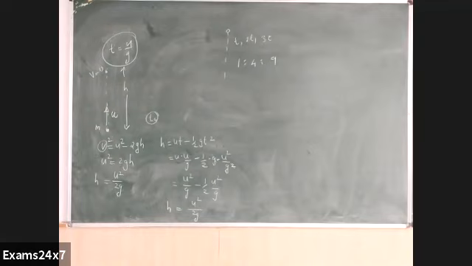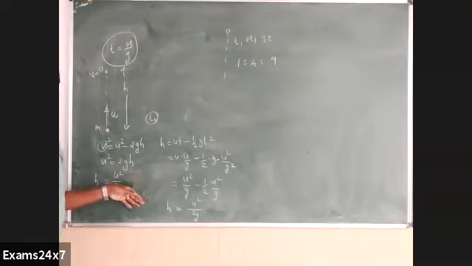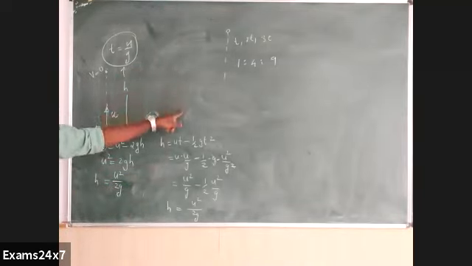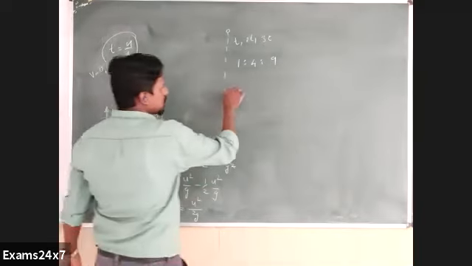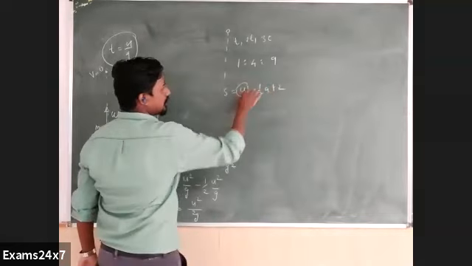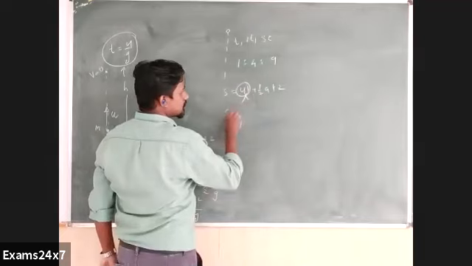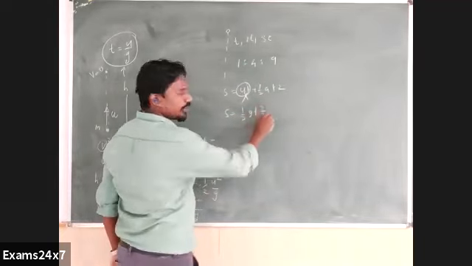You have written, but how did you find this? Dropped. S is equal to ut plus half at square. It is dropped, so u value is 0. S is equal to half gt square.